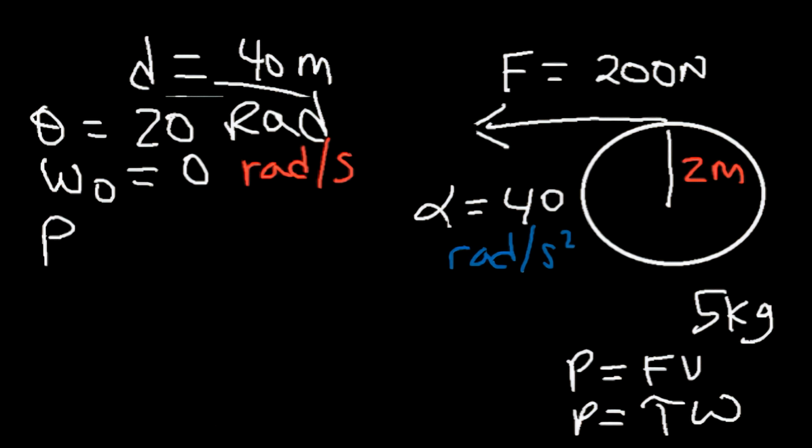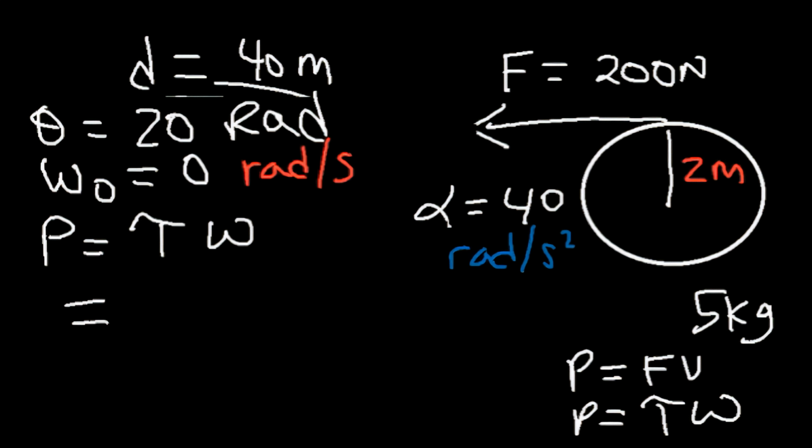So now we can calculate the power exerted by this force. So it's equal to torque times the angular velocity. So let's calculate the instantaneous power when the angular speed is 40. Because the angular speed is not constant, it changes from 0 to 40. So we can calculate the instantaneous power and the average power.